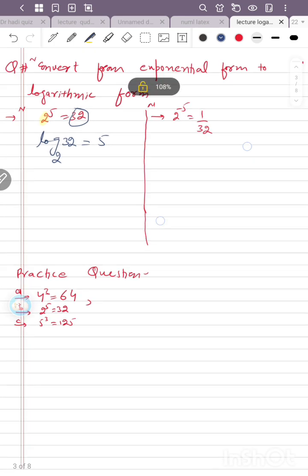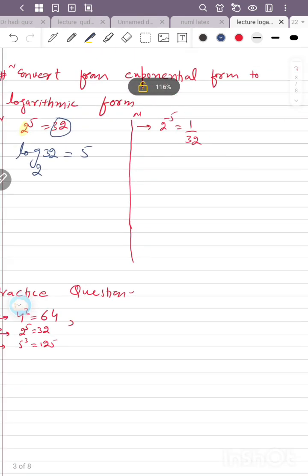The next question is 2 power minus 5 equals 1 by 32. First of all, which one is your base? 2 is your base, and minus 5, this green portion, is your power, the exponent, and 1 by 32 is your argument.